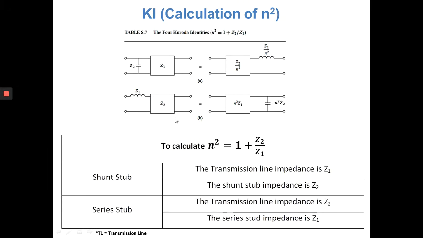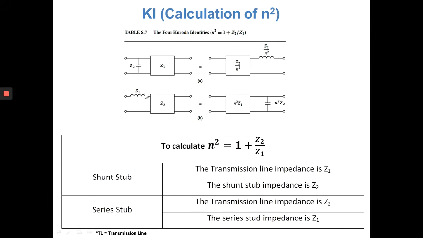In the opposite way, if it's a series stub, you need to remember the transmission line impedance is always Z2 and the series stub impedance is always Z1. And that's how we find out what our n square is.